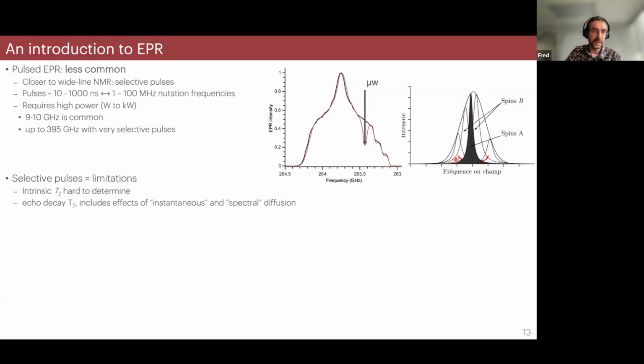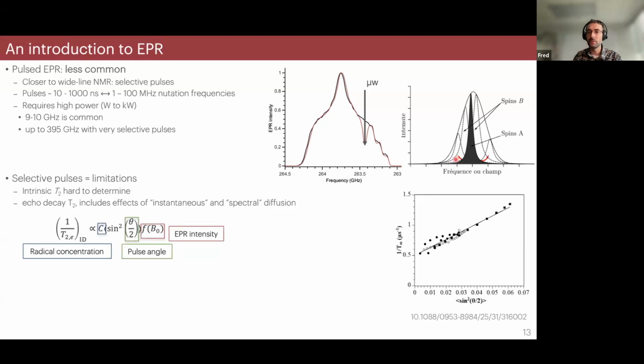And to give one example, the instantaneous diffusion is sensitive to the radical concentration. It's sensitive to the angle of the pulses you're using, but also to the EPR intensity at the position you're detecting. And therefore, that can lead sometimes to distortion if you detect a spectrum with an echo field sweep experiment.